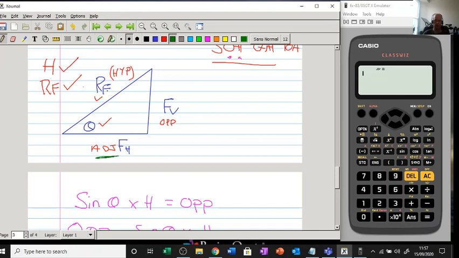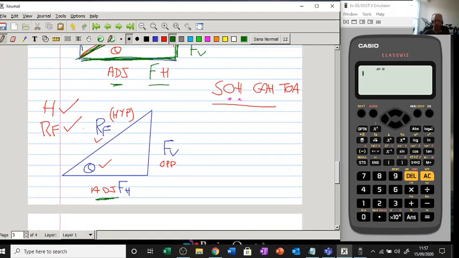Now I know the hypotenuse and I know the adjacent, so I'm going to use cos. Cos of the angle is going to be adjacent over hypotenuse. Don't forget the adjacent is the same as the horizontal force and the hypotenuse is the same as the resultant force. I need to find the adjacent, so I'm going to bring the h over just like before.